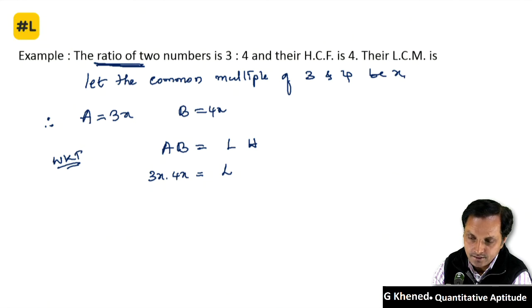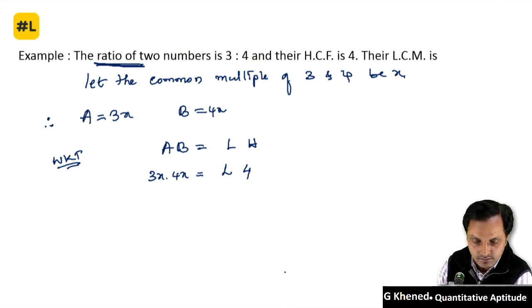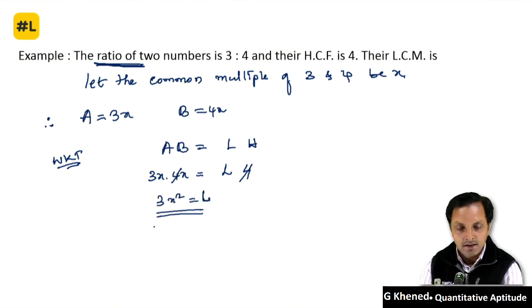HCF is 4. You can cancel this. 3x square is equal to LCM.